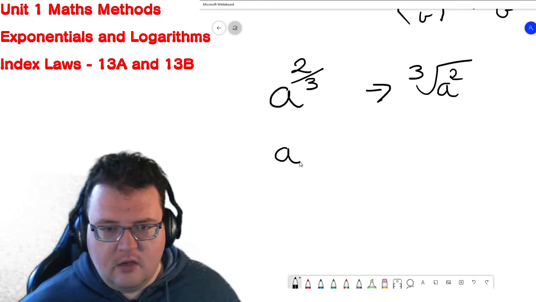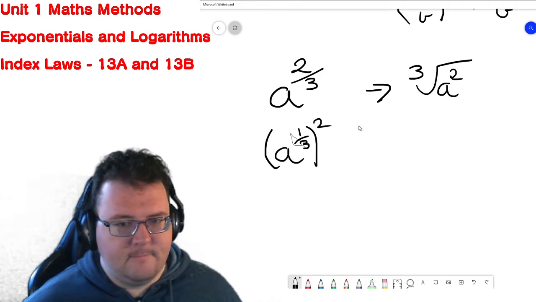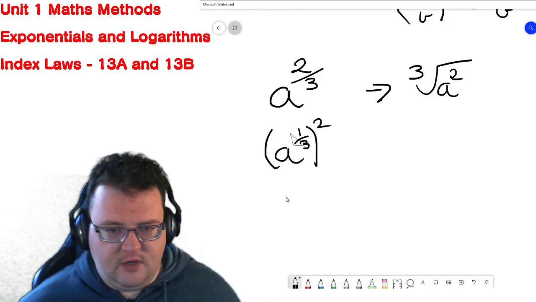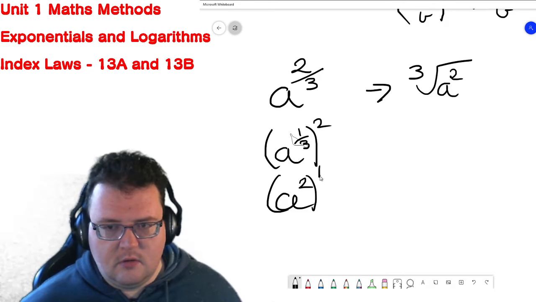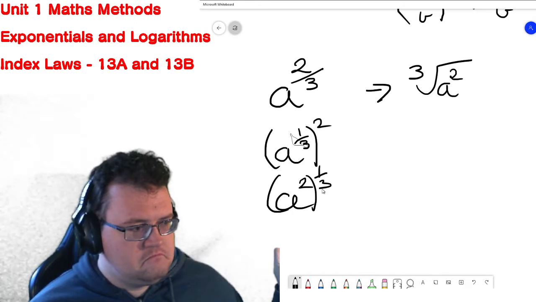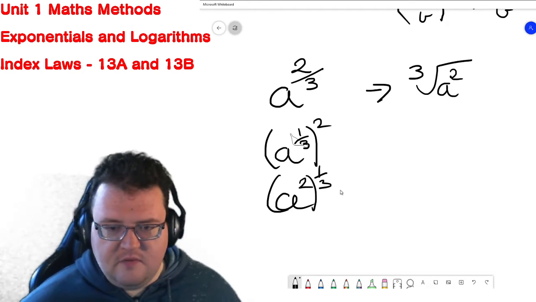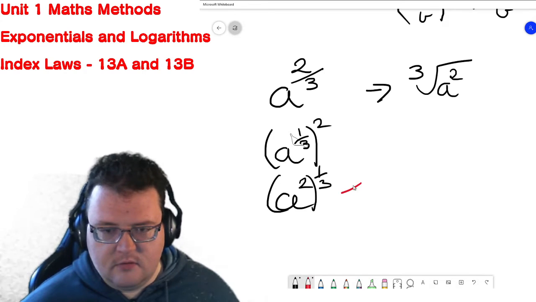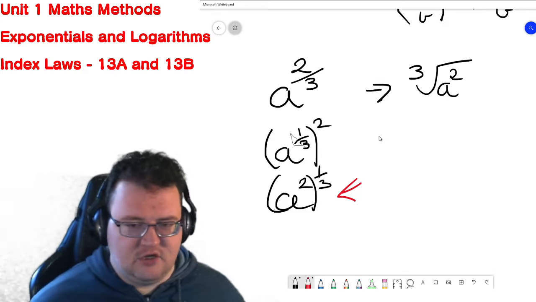Well, I'm doing a to the 1/3, squared, or I'm doing a squared to the power of a third. Both the same, however, this one down the bottom here is the one that is more applicable to what we're doing up the top there.